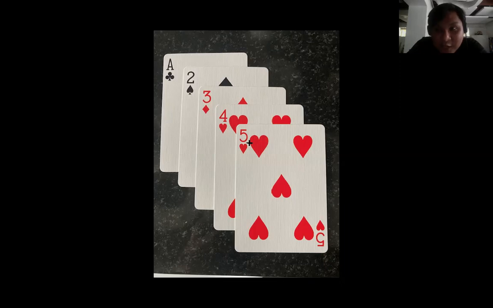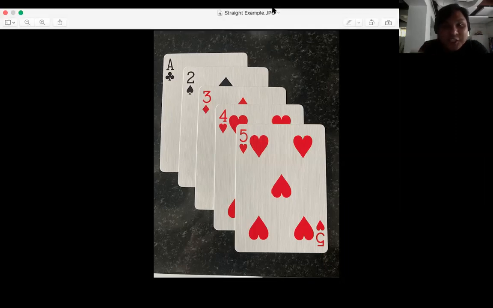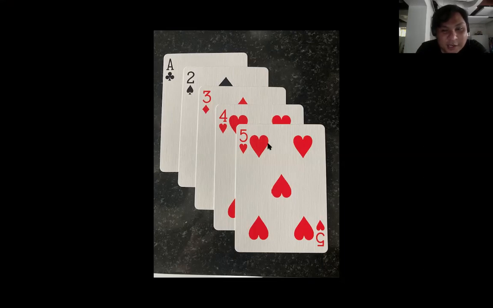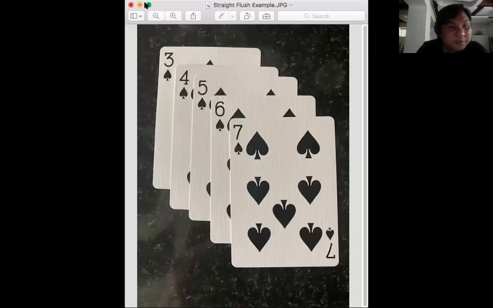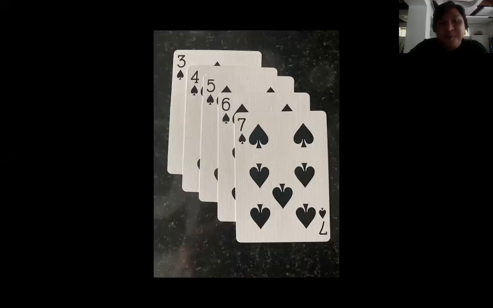Now, a straight flush, on the other hand, has the same properties as a straight. However, it should also be a flush. An example of such is as follows. All right, so here we go. Here we have 3, 4, 5, 6, 7.